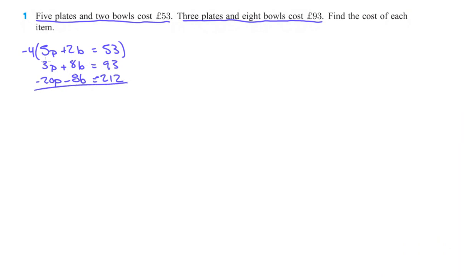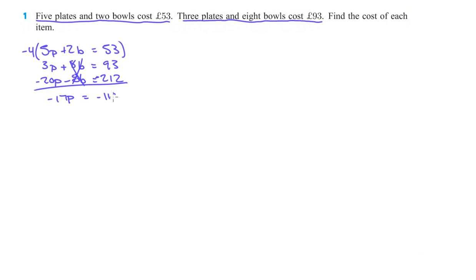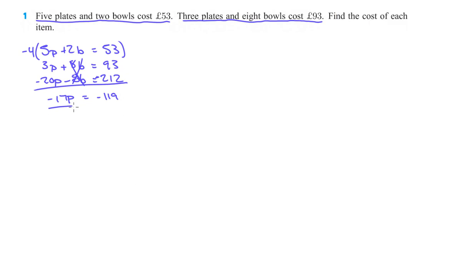And now we want to add these two lines together. So 3p minus 20p is -17p. Those turn into 0. And then we get -212 plus 93 is -119, right? Yep. Okay. Divide both sides by -17.